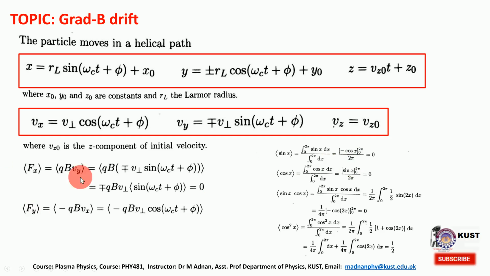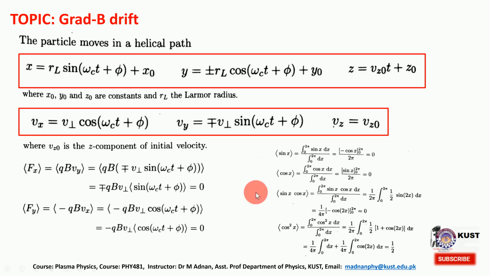And similarly for the component of the force along y, on the previous slide I told you that this is minus qB times vx, and this B is uniform, and this vx is given, we have taken it from the previous lecture, so that the average can also be worked out in the same way using this formula.